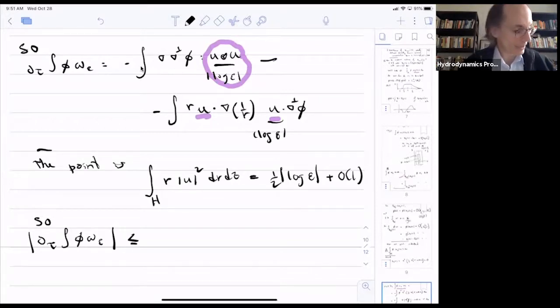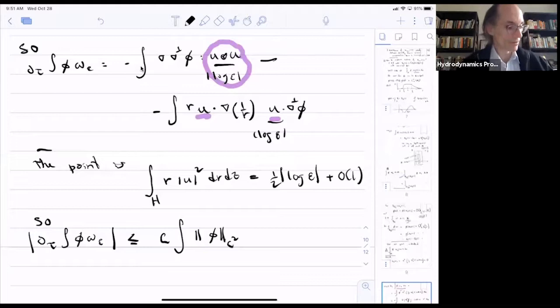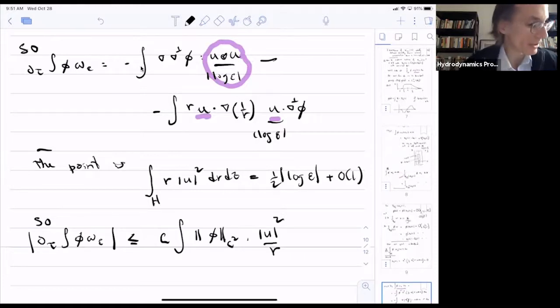And so that's bounded by a constant times the C2 norm of phi, the sup norm of all the second derivatives, times u squared over, and let me put an r here and a 1 over r there.